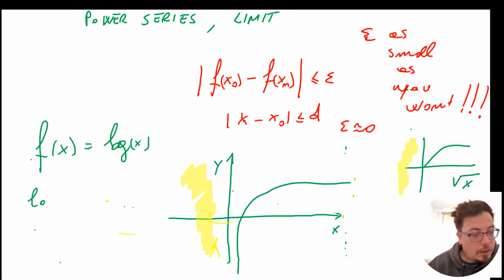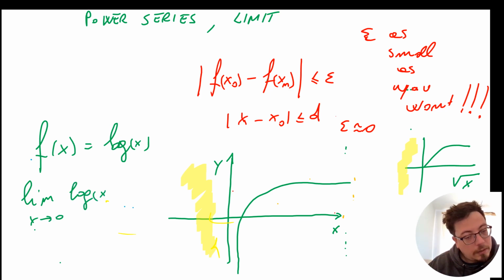So if we do log, what's the limit? I want to do the limit of logarithm of x. What is this number?